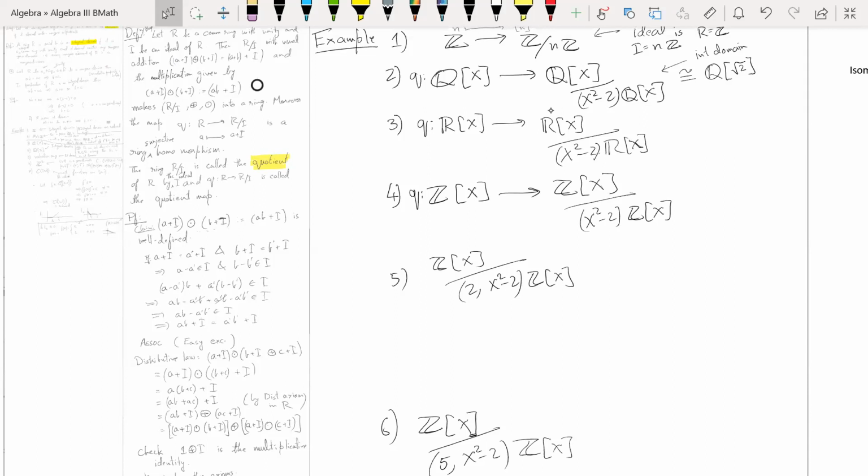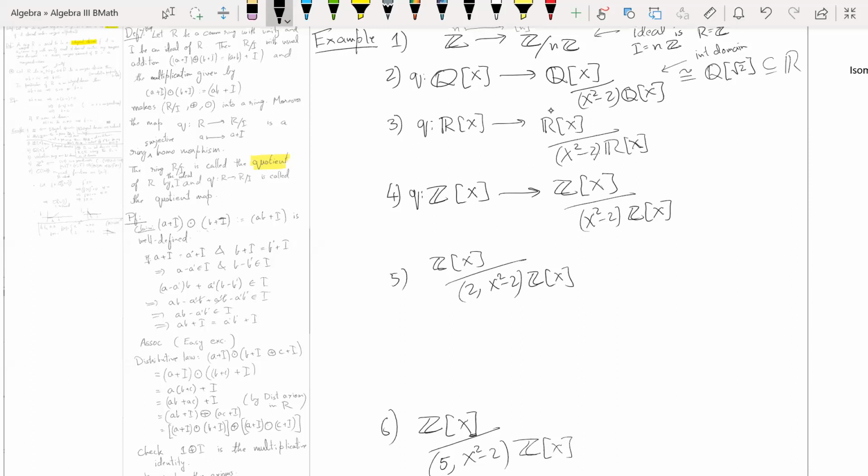It's a smaller set, and then you take the quotient. We will see later that this is indeed isomorphic to Q adjoined square root 2. Remember, this is a subring of R, and hence it has to be an integral domain, and in fact it is a field.